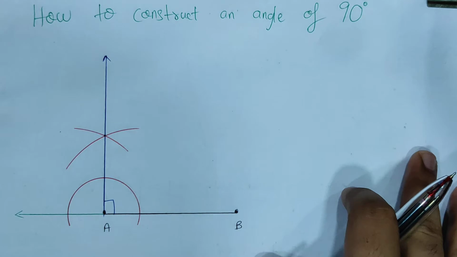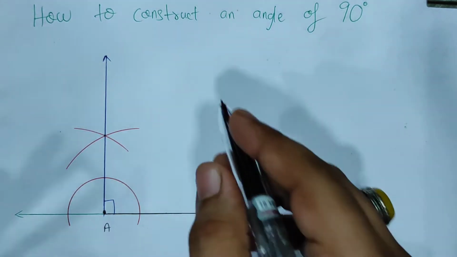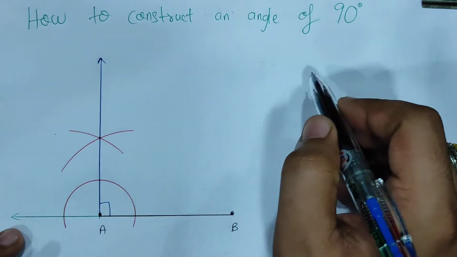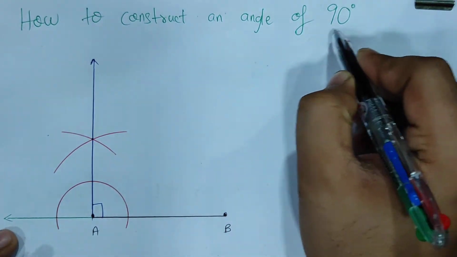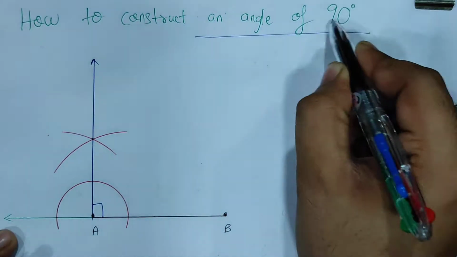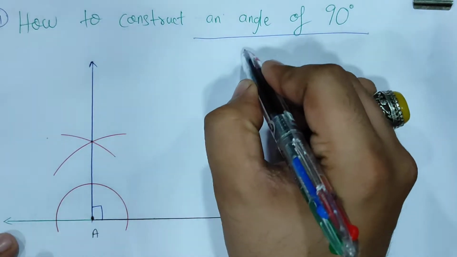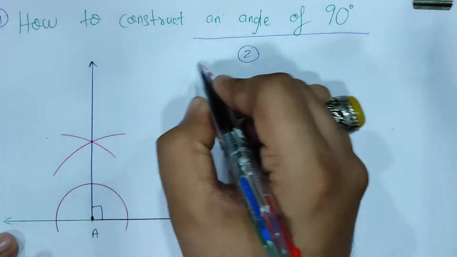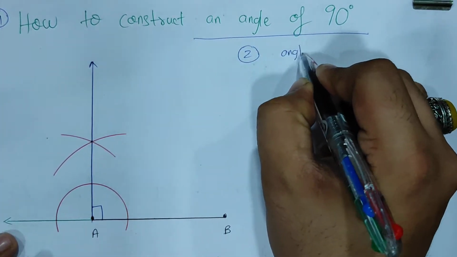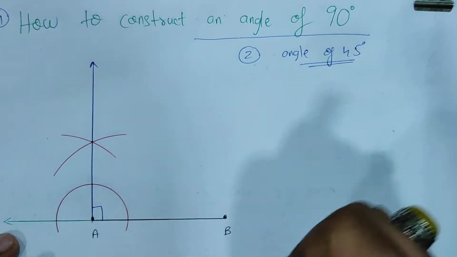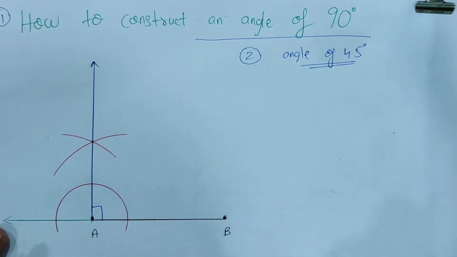Now students, in today's lecture only, I'll be teaching you how to construct an angle of 45 degrees. First we constructed this angle of 90 degrees. This was our first question. Now second, construct an angle of 45 degrees. Do you know the steps?